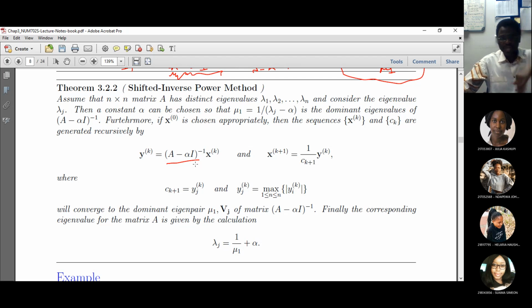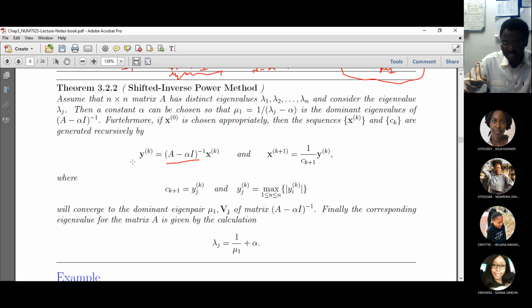Now this method is a variant of the power method that we described in the notes. Remember, I told you in the introduction that there are two flavors of the power method. And this is the second, because I promised that we will be doing that later. Here, we are still applying the power method, but differently.